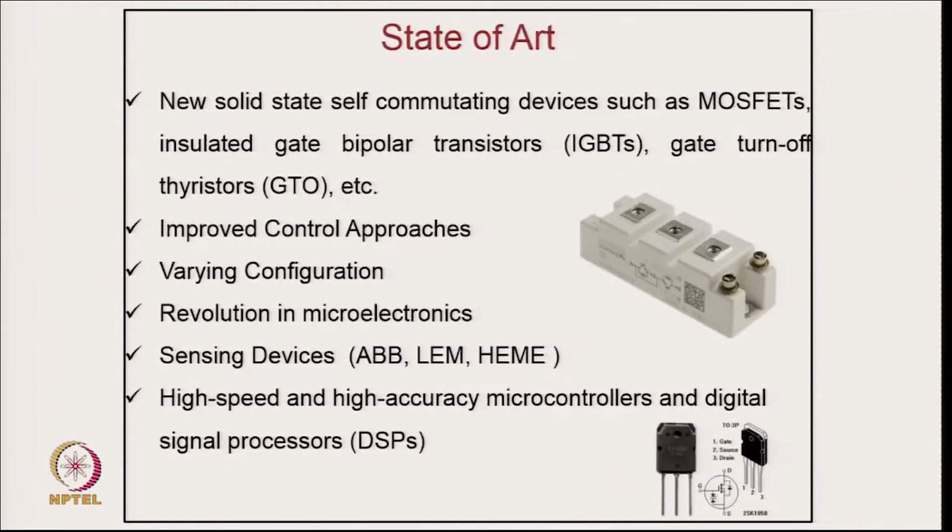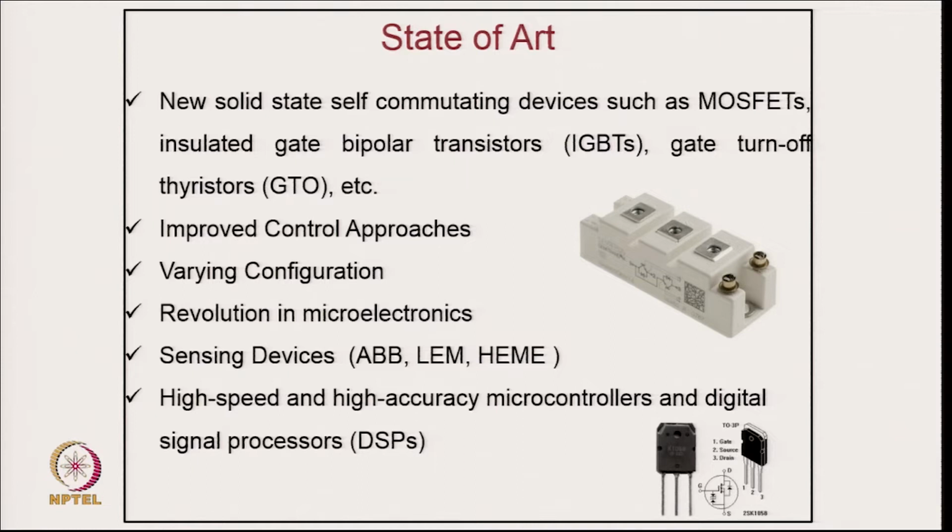Coming to the state of the art of AC-DC converters, new solid state self commuting devices such as MOSFETs, IGBTs and gate turn-off thyristors are now used. With that, of course, we have to use improved control approaches with varying configurations, and we normally use a DSP or microcontroller, which have come from the revolution of microelectronics.